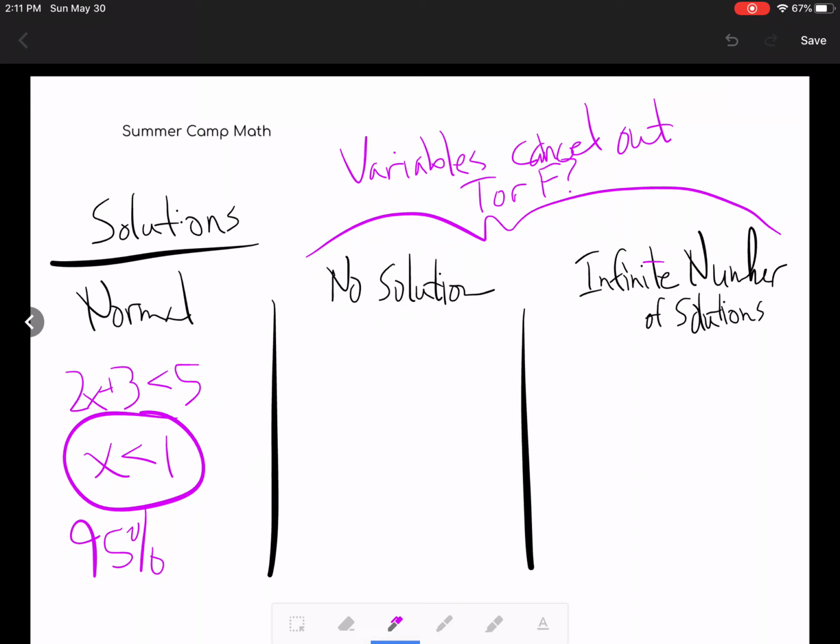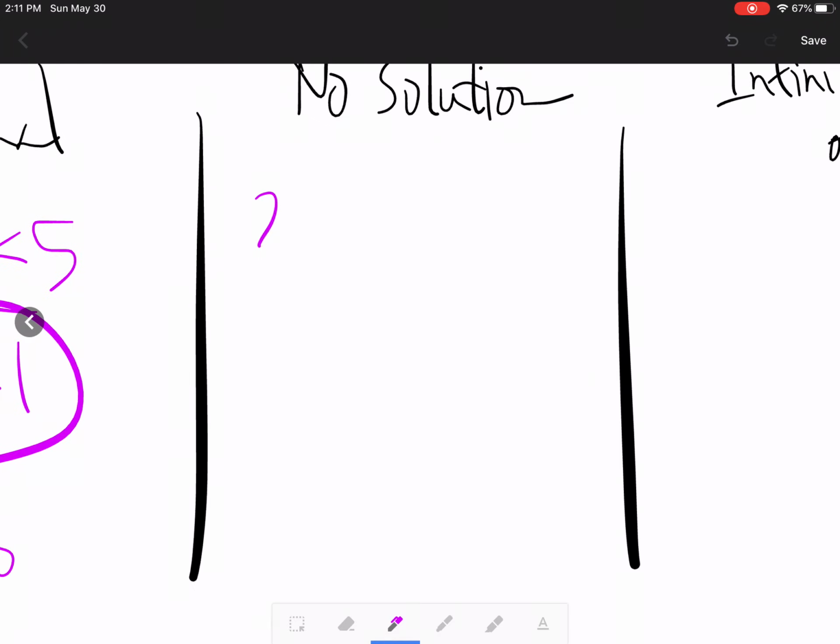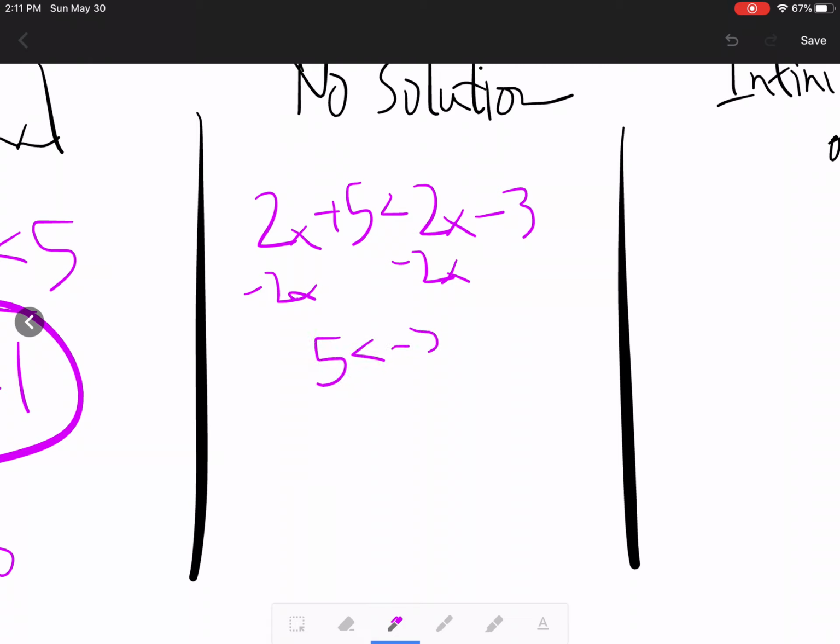Let me show you what I mean. 2x plus 5 is less than 2x minus 3. My variables are going to cancel out, so subtract 2x from both sides. 5 less than negative 3. Is that true or false? That is a false statement, because 5 is not less than negative 3. So since it's false, no solution. I can't plug anything in there that will make this inequality true.